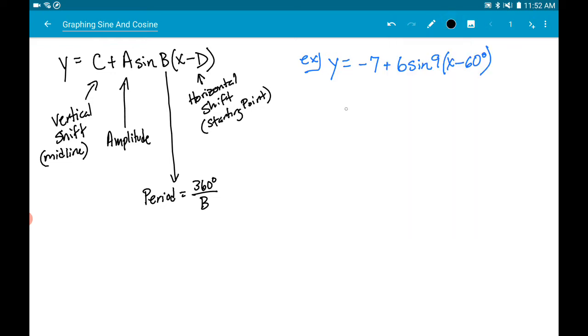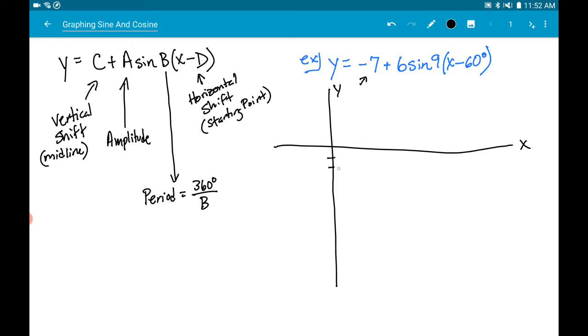I'm going to jump right in, and you can slow it down and pause it as you need to, but I'm going to draw a quick little axes. We'll label this X, and this Y. Just jumping right in, this first thing right here is the vertical shift. It says that we're going to go down 7 units. And that's where we have this dashed line called the midline, or the sinusoidal axis.